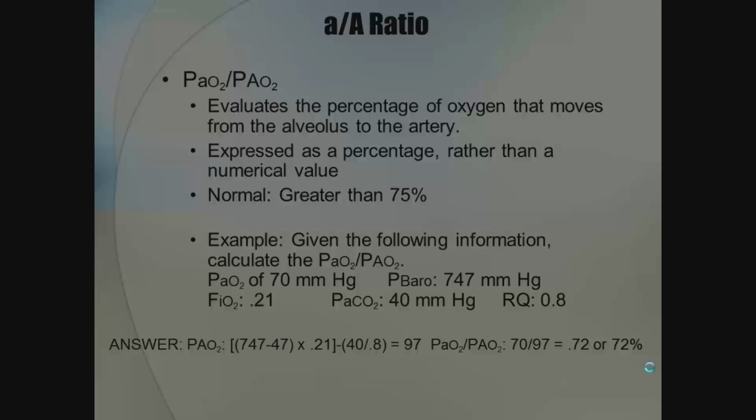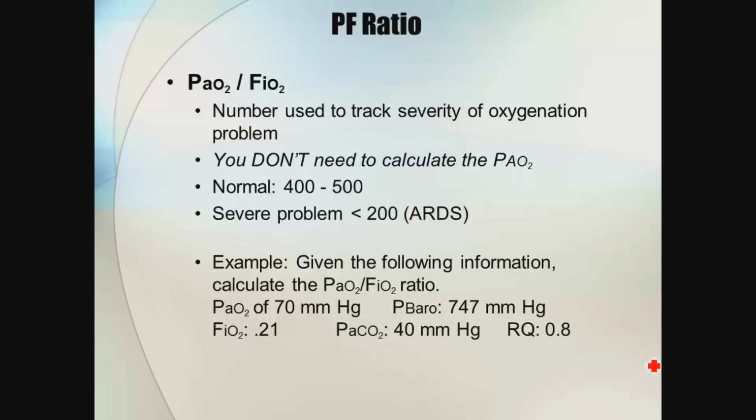Last one. Whew, thank God. This is called the P/F ratio. And at the bedside, this is the one we use the most. Why? Because I don't have to calculate that damn alveolar value. Thank God. All I do is just divide the arterial value by the fractional concentration.